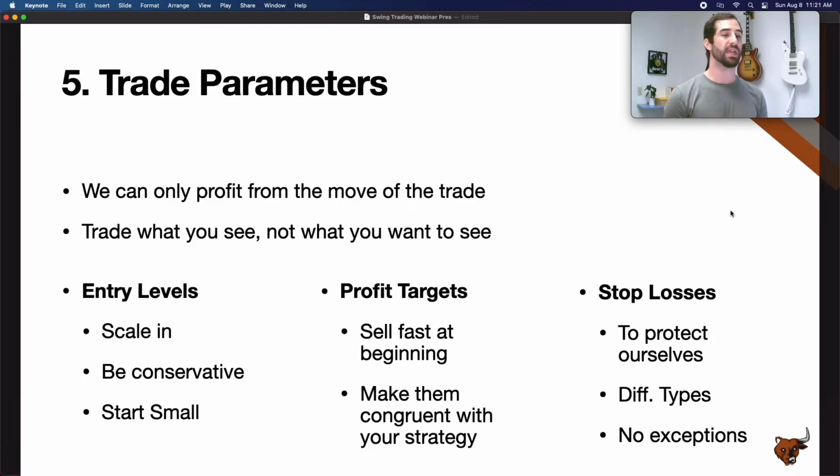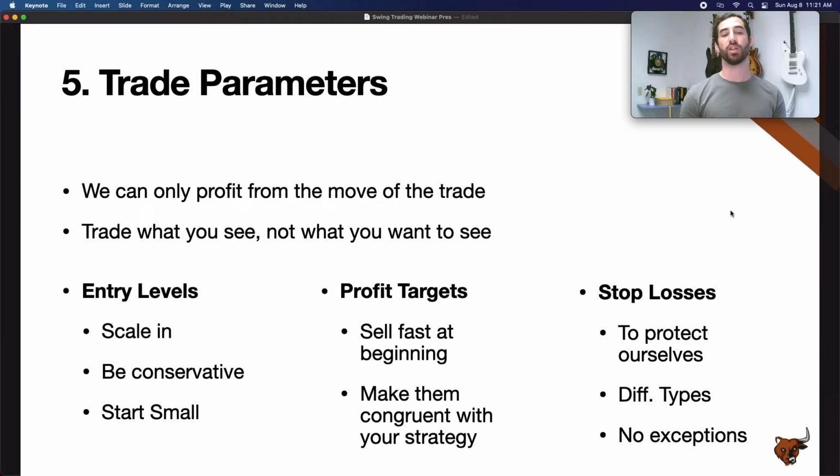So yeah, guys, sell fast at the beginning, be ruthless, make sure to lock some profits in, at least some profits, okay? Not half, maybe a quarter, at least an eighth as you go along, okay? And make the profit targets congruent with your strategy, okay?